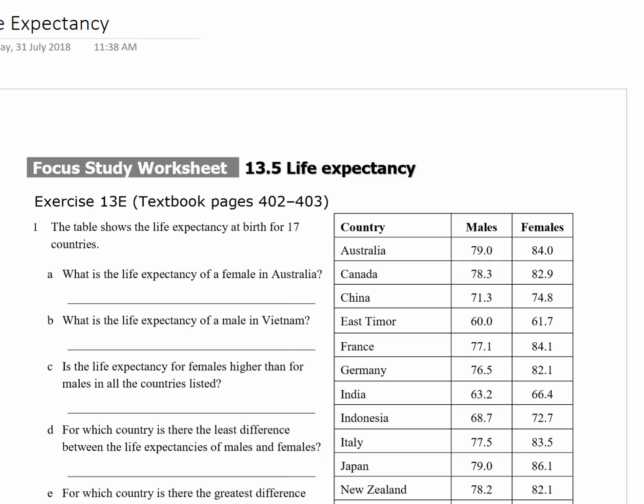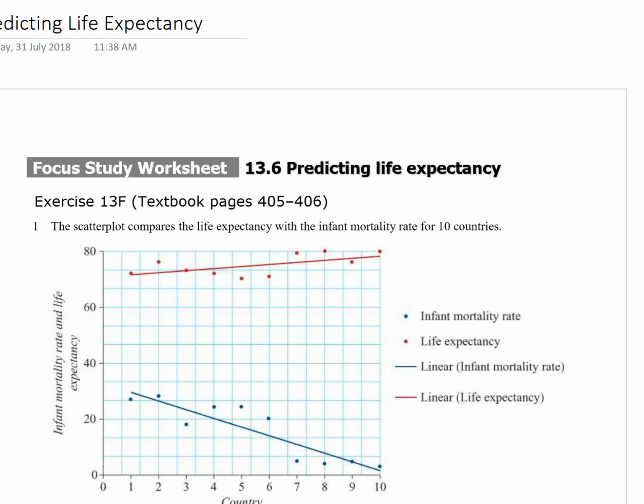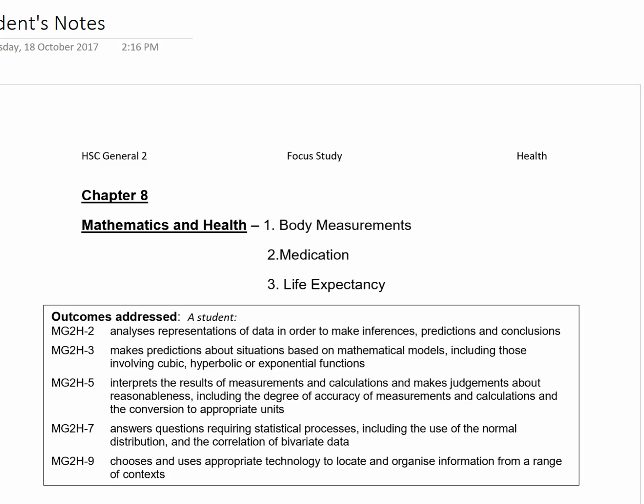There's one on life expectancy, and you'll see the worksheet tab and predicting life expectancy, and some really, really good examples that you should attempt, because like I said before, the more you do, the more confident you'll become, and it is all about being exposed to different questions and having to seek out the information in the question and answer the question asked. Okay, you should be right then to do those 3 exercises.